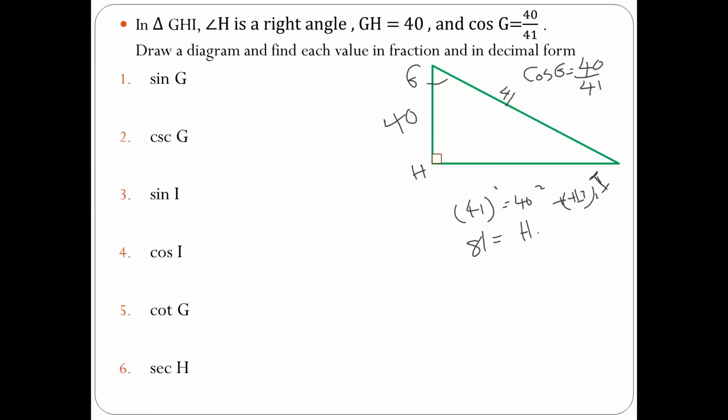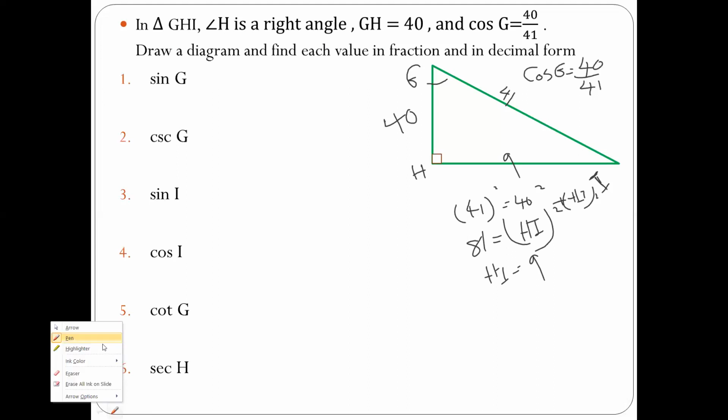So 81 is HI squared, so HI is 9. So this is now the measurements of each side. This is 41, this is 40, and this is 9.